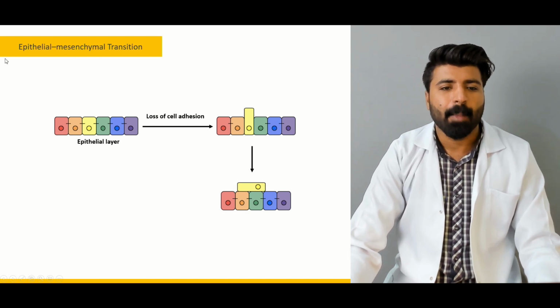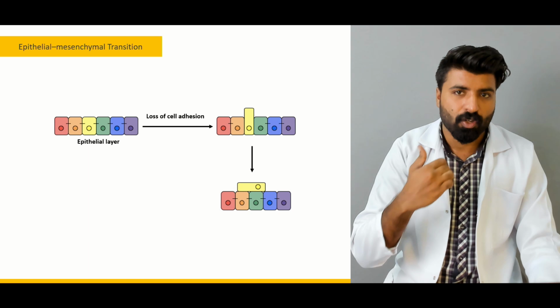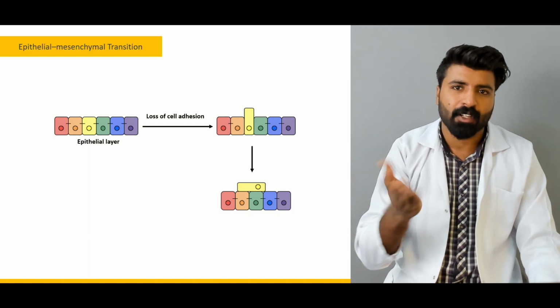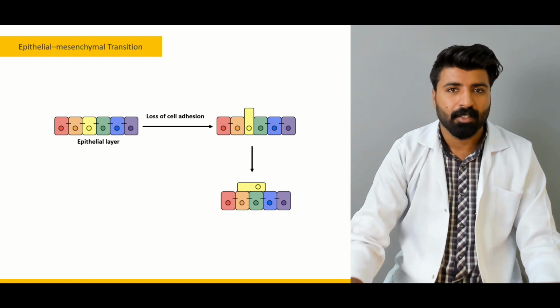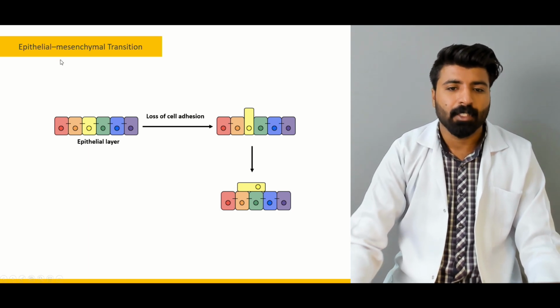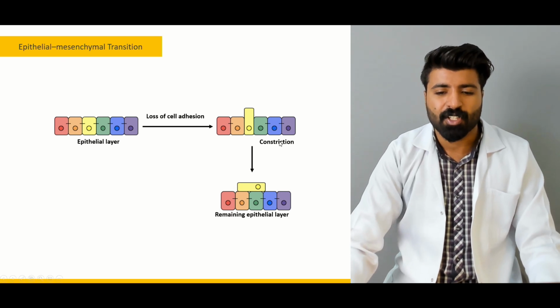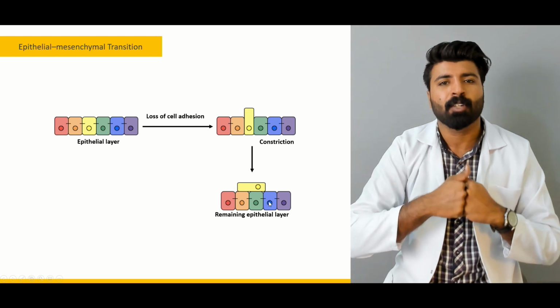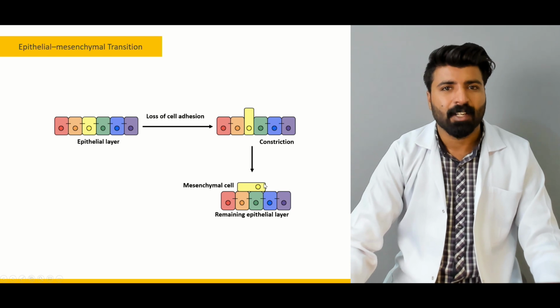So that's how an epithelial mesenchymal transition goes through: one cell loses the adhesion, is shrunk, and is forced out into mesenchyme, and then it becomes a mesenchymal cell. As you can see, this constriction happened, and the remaining epithelial layer is still that way. They adhered back to each other, but this cell went away, and now it's a mesenchymal cell.